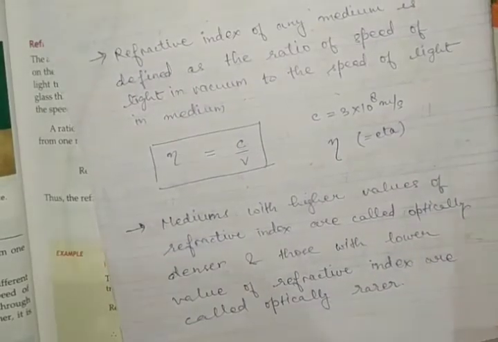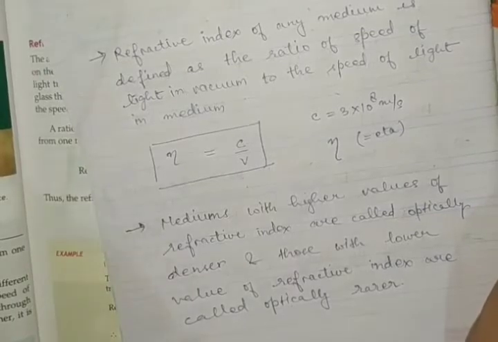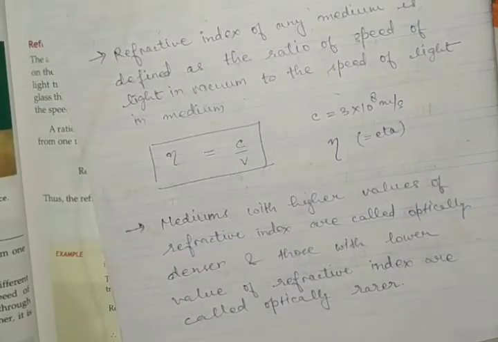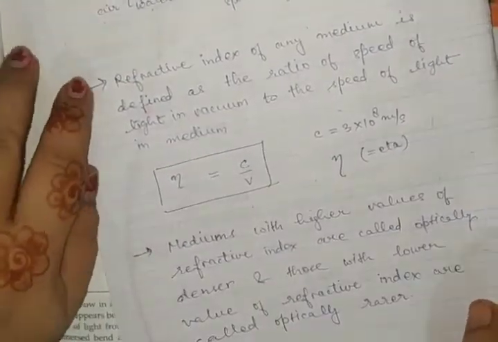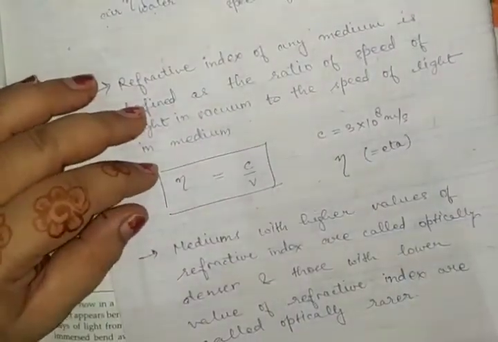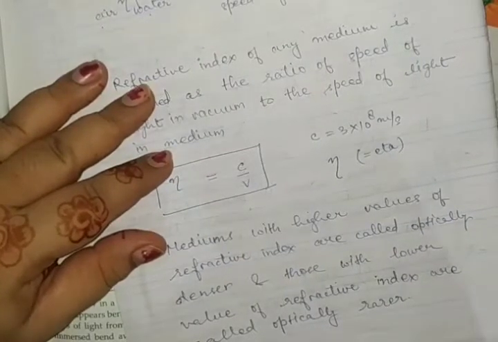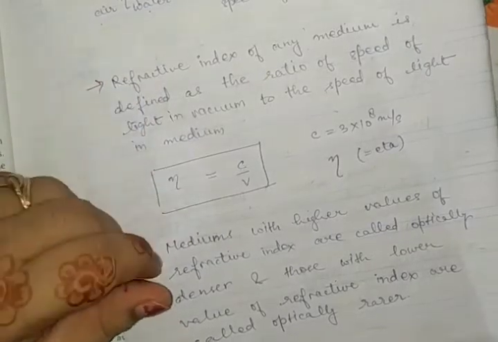Now those mediums which have greater refractive index are said to be denser mediums, and those mediums whose refractive index is smaller are called rarer mediums. In your book there are certain values given, like the refractive index of glass is 1.5 with respect to air, then the refractive index of water is 1.33.